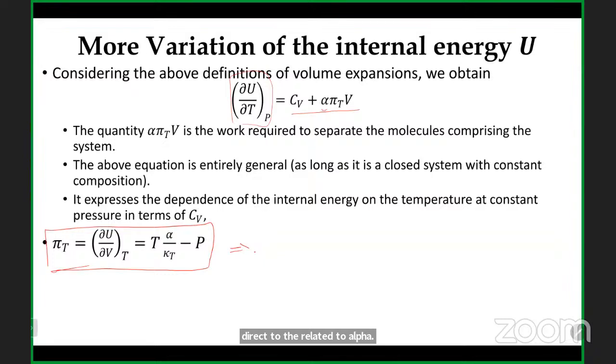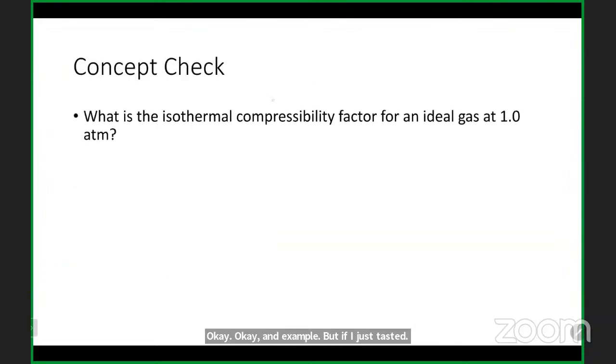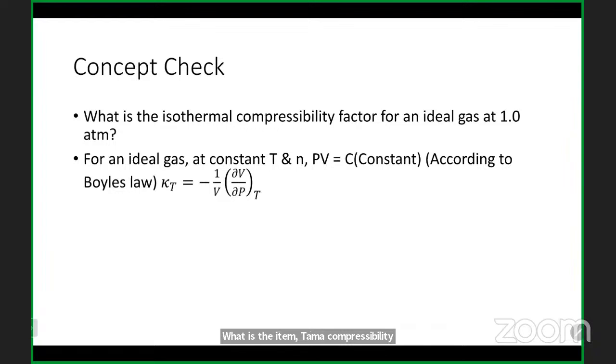Okay, let's look at an example. What is the isothermal compressibility factor for an ideal gas at 1.0 atmosphere? Isothermal compressibility, that's kappa T, given by the formula.